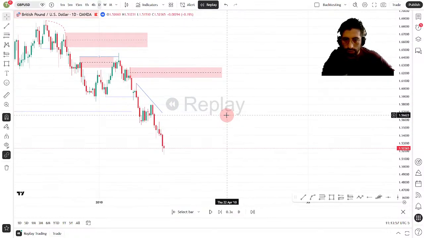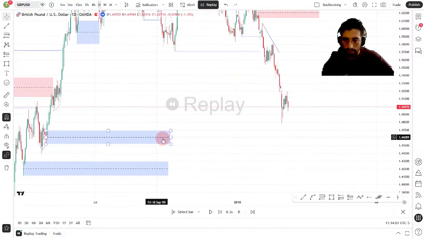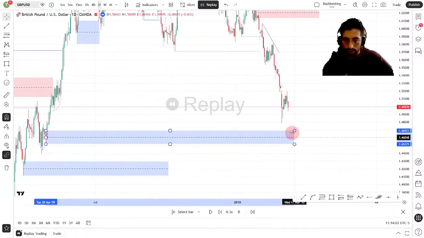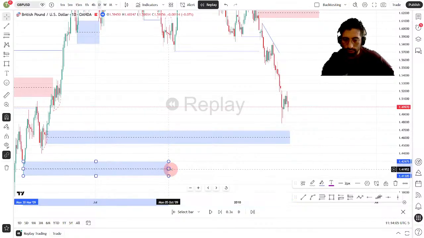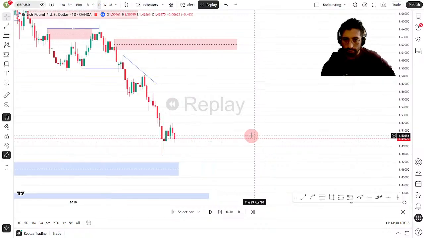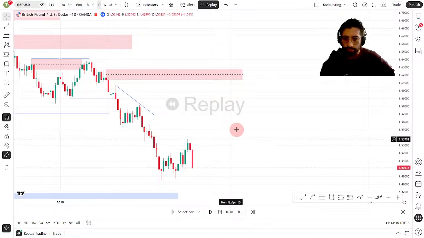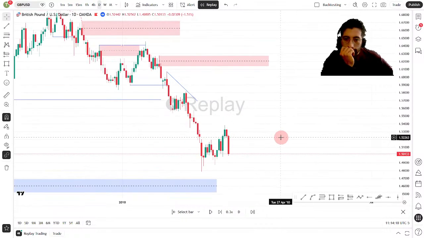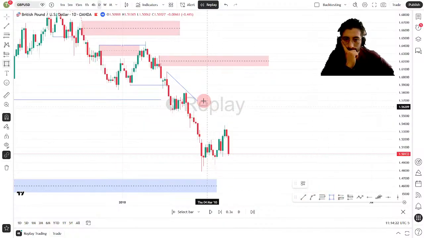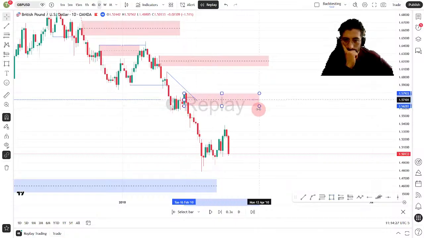Let's see what happens. Oh, it's going downwards so fast, with a lot of speed. Now, as I can see, this order block can be valid because of the next reason.